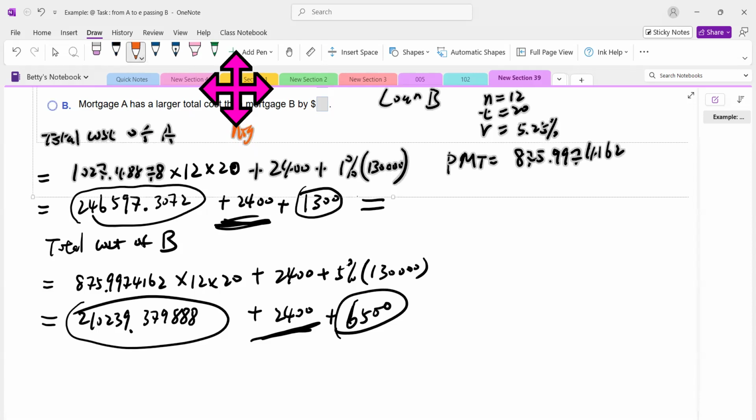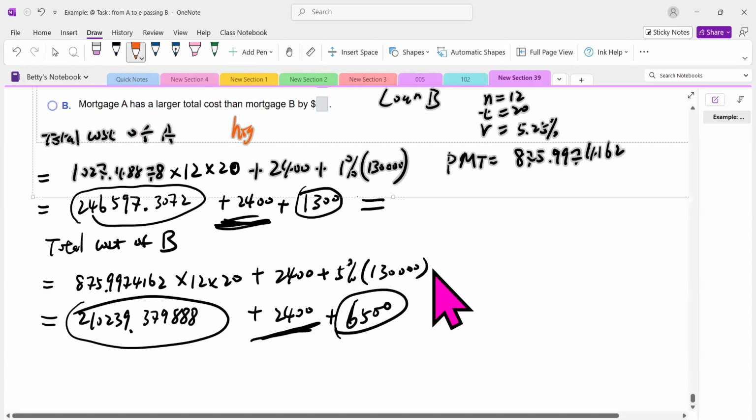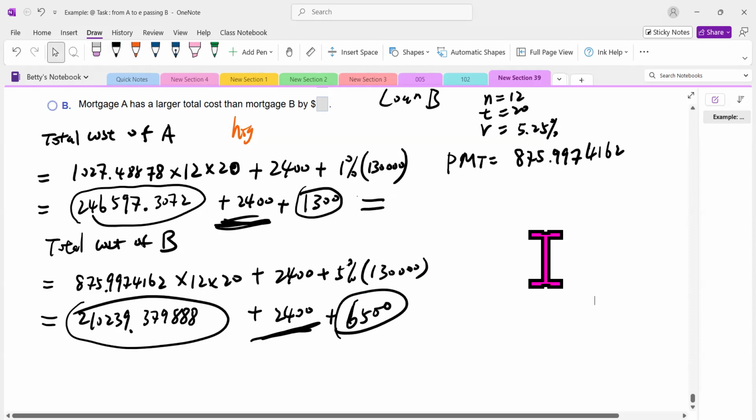You can compare very quickly. Plan A is going to have a higher cost, and plan B has a lower cost. And how much higher is plan A compared with plan B? We're going to use this number plus 1,300 and then minus the addition of those two numbers, all right?